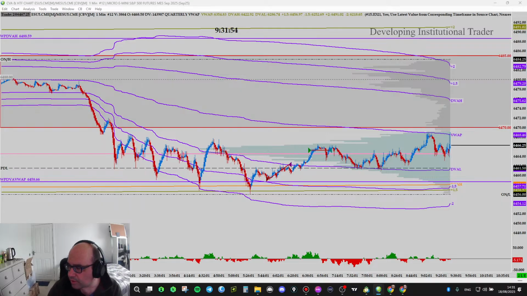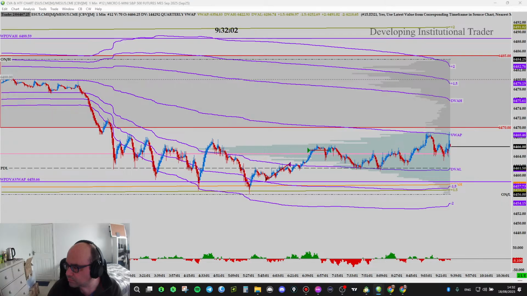It may take us a while before we break out. A lot of absorption. You see here massive selling, everything absorbed. As soon as we're done with the absorption, it's gonna pop out.